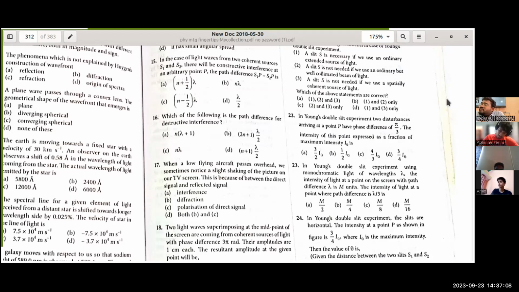What will be cos phi by 2? We want phi by 2 here. Yes, it is root 3 by 2. Then cos square of that will be 3 by 4.